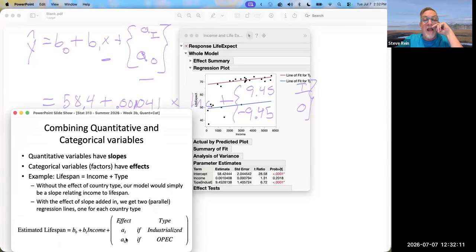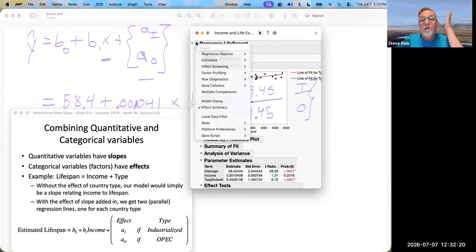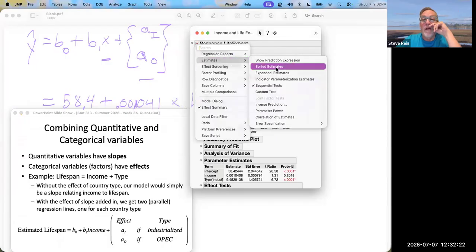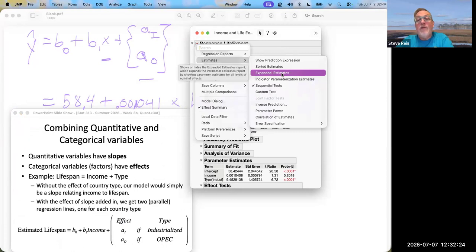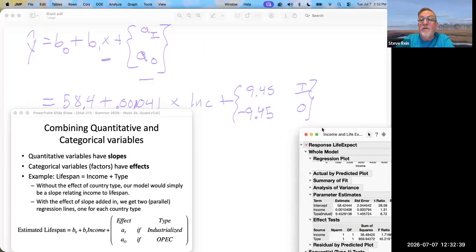So if I know A_I and A_O sum to 0, and if I know one of them is 9.45, the other has to be negative 9.45. We can verify this under estimates by expanding out the estimates. So the OPEC is a negative 9.45 in the same way the industrialized is a positive 9.45. So we confirmed with our expanded estimates these two values.